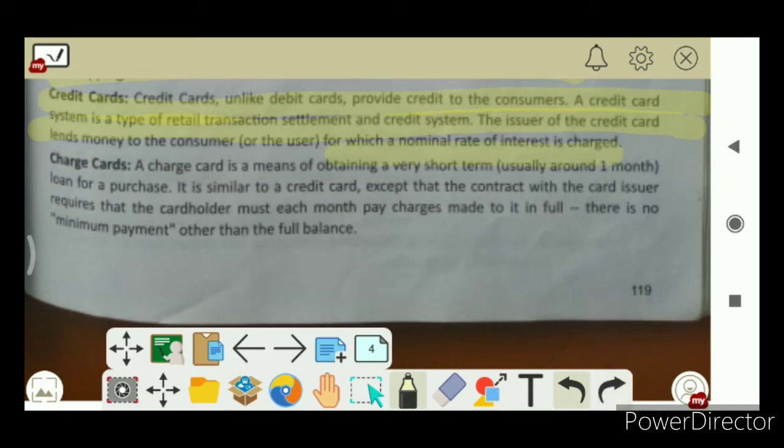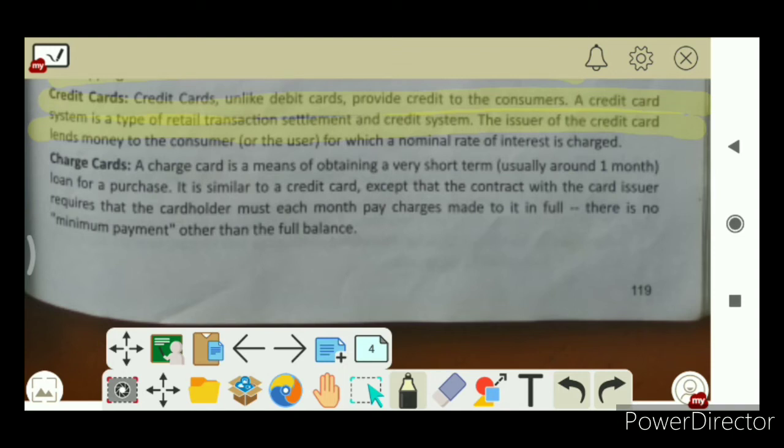It means, as the name suggests, the bank issues this card to the consumer, and the issuer of the credit card lends money to the consumer.